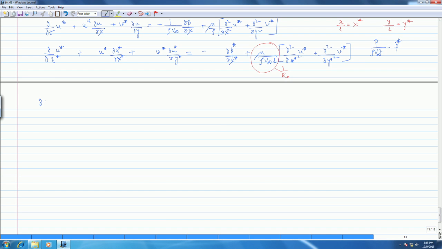So, we are going to write this as del u star by del t star, plus u star del u star by del x star, plus v star del u star by del y star, is equal to minus del p star by del x star, plus 1 by Re times del 2 u star by del x star square, plus del 2 u star by del y star square.